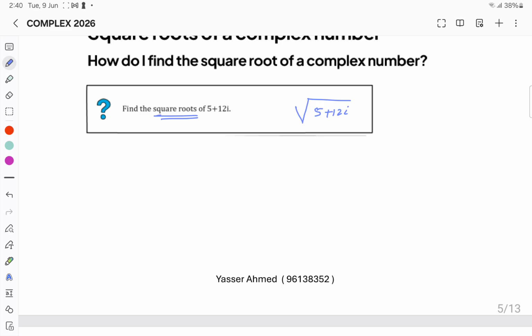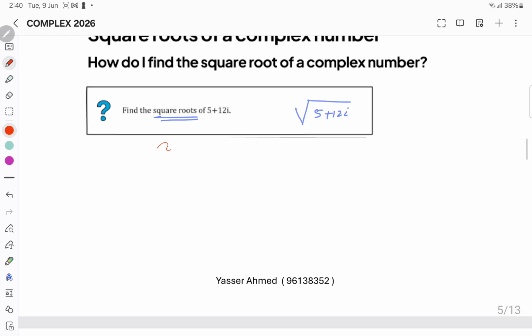Complex numbers are often denoted by z, and we can refer to the real and imaginary parts respectively as x for real z and y for imaginary z. So we consider that z is equal to the square root of 5 plus 12i, and z is equal to x plus iy, real part and imaginary part.